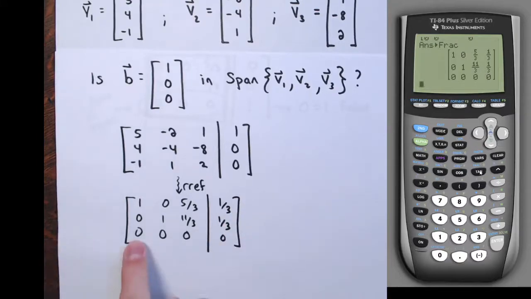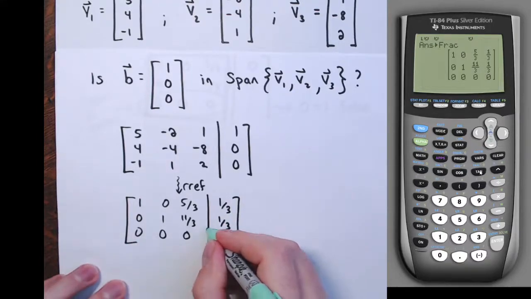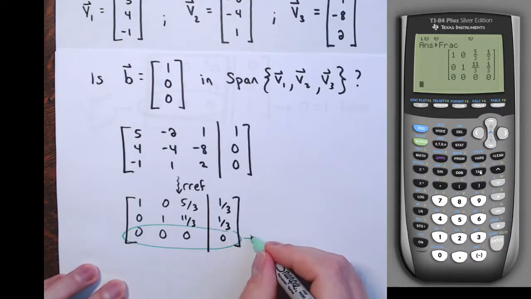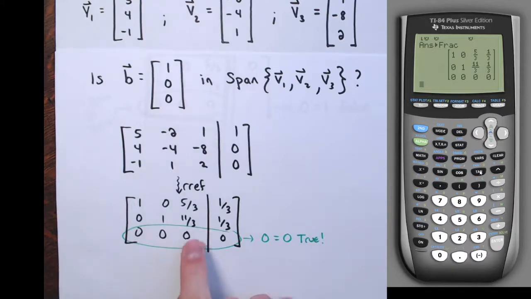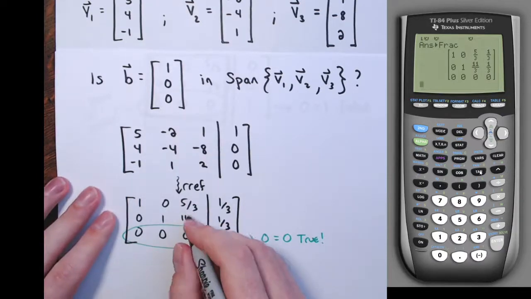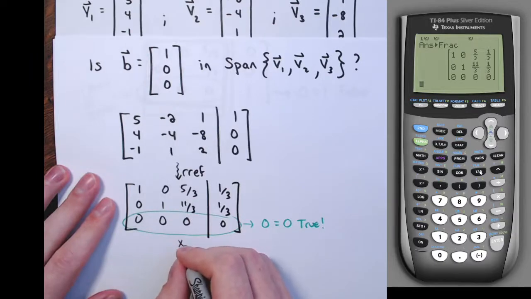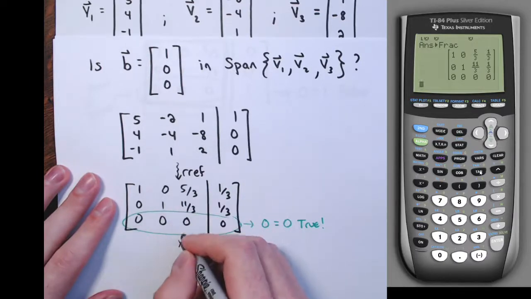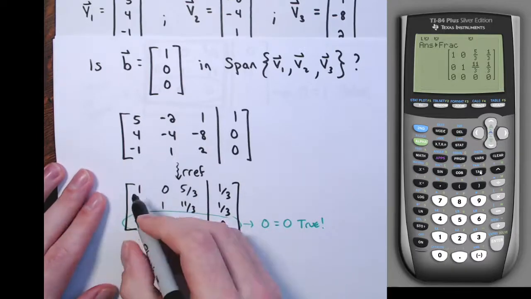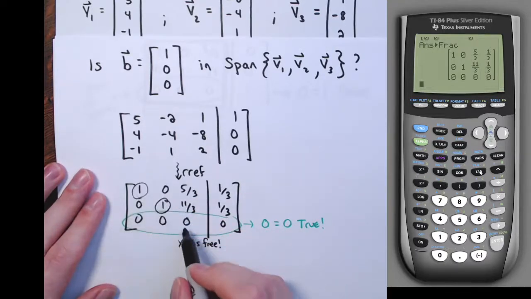Now I know there's a row of zeros here, but if you look at the whole thing, that's 0 equals 0, and that is a true statement. That's fine. And there's a free variable here, right? x3 is free. The third column has no pivot. The first column has a pivot, the second column has a pivot, the third column doesn't have a pivot.